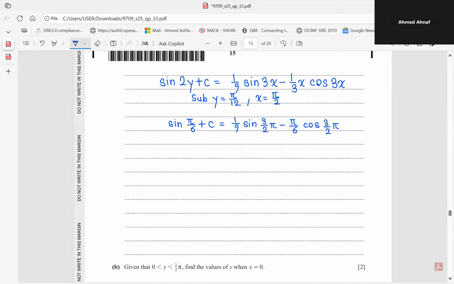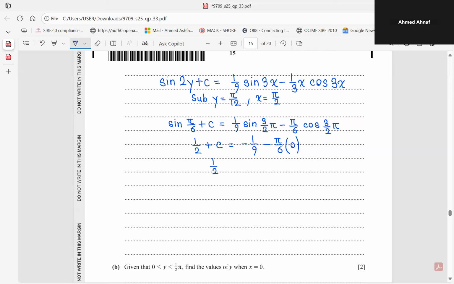Now let's evaluate all this. Sine pi over 6, you'll get 1/2, plus c. And sine 3 over 2 pi, we'll get -1, so -1 times 1 over 9, that's -1 over 9, and minus pi over 6 times cosine 3 over 2 pi, you will get 0.